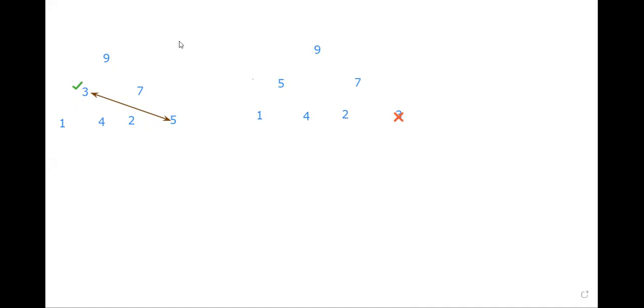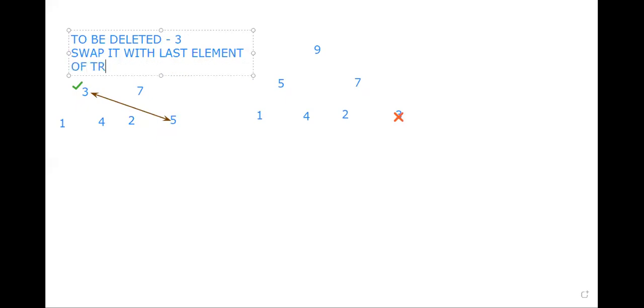So here, what we are doing, let me write here. What is the element to be deleted? The element to be deleted is 3. Then next, what am I doing? Swap it with which element? The last element of the tree.